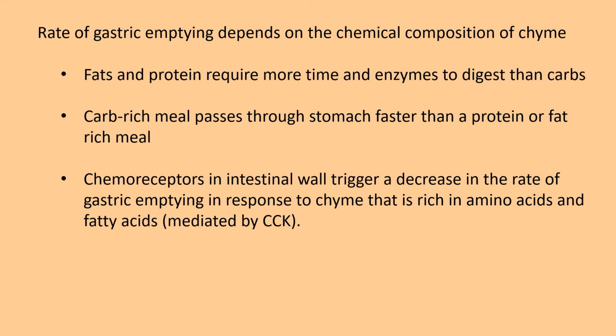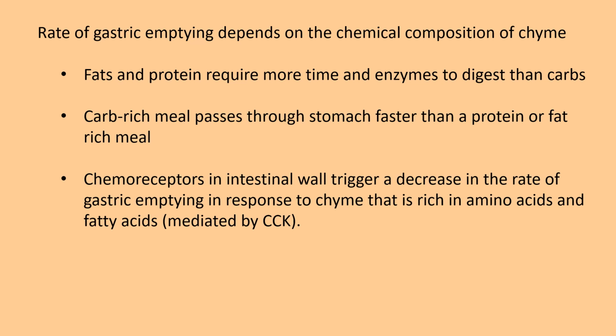But a carbohydrate-rich meal will be moved from the stomach into the duodenum at a faster rate than a fat and protein-rich meal. This is because carbohydrates are relatively easy to digest. We have salivary amylase that starts that digestive process, pancreatic amylase that continues the carbohydrate digestion in the small intestine, and then several brush border enzymes that finish up the chemical digestion of carbohydrates in the small intestine.